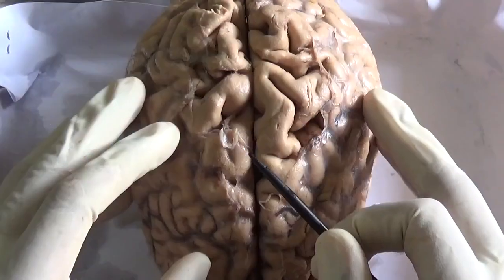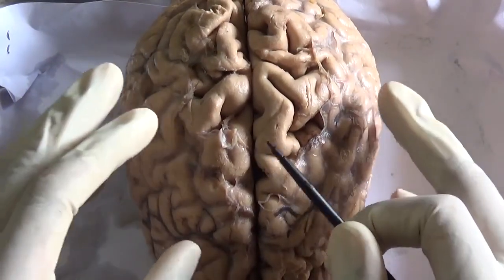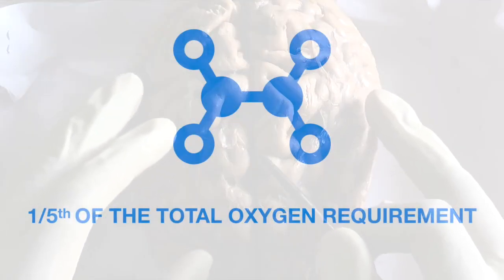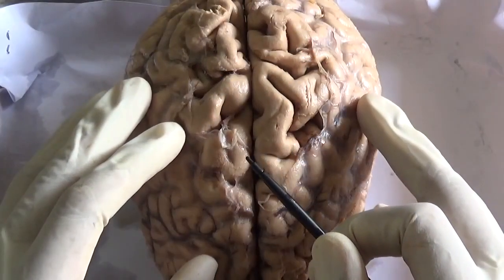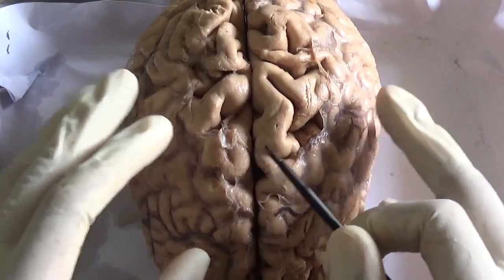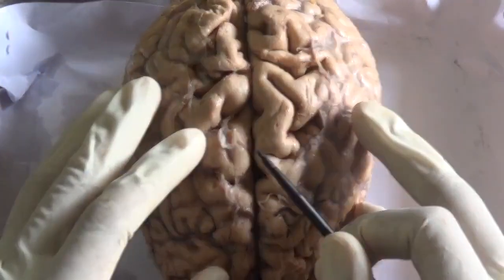So just imagine the functional significance of the brain. Again, it needs 1/5 of the total oxygen requirement of the body. That is, 20% of the total oxygen needed by the entire body goes to the brain.